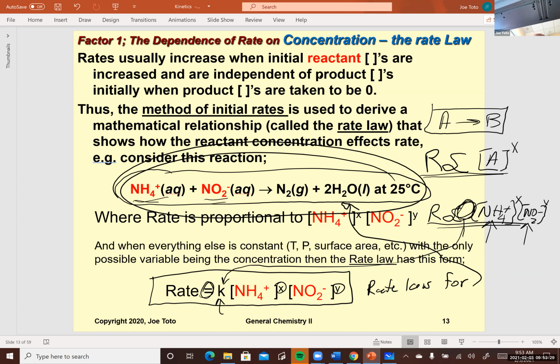We're going to take a look at how you can use experimental data to come up with this mathematical expression called the rate law. And the rate law will allow you not only to model the experiments that you have in your table or the experiments that have been done, this rate law will work for experiments that aren't done yet or ones that you haven't thought about. It's a law that will work as long as the only thing that you change in any experiment are the concentrations. Does that sound pretty reasonable?